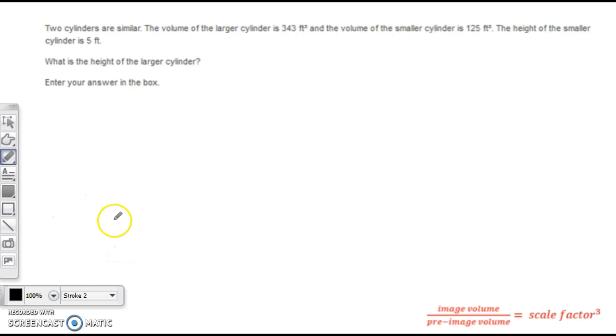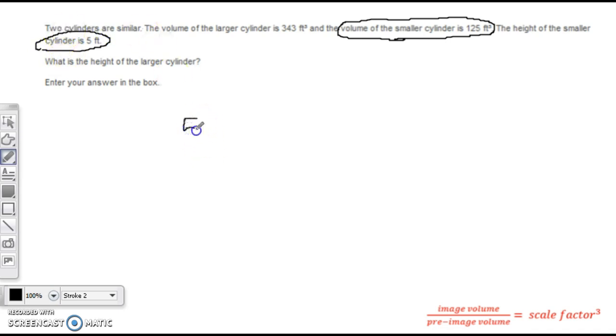The way I first approached it was I said, okay, my smaller cylinder has a volume of 125, and it has a height of 5. And I said, okay, I know I'm dealing with volume, which is units cubed, so I took 5 and I cubed it, and that equals 125.